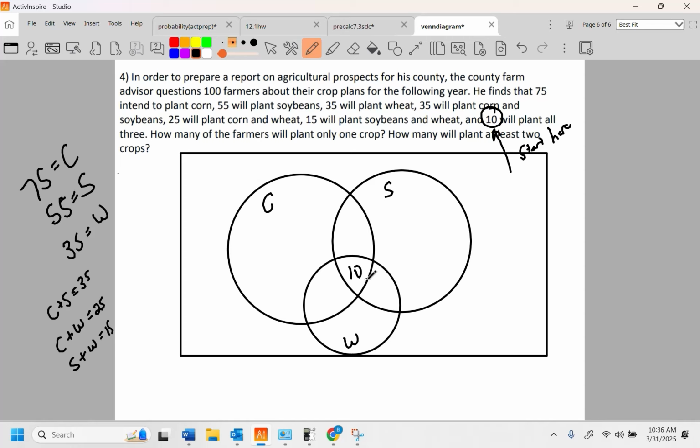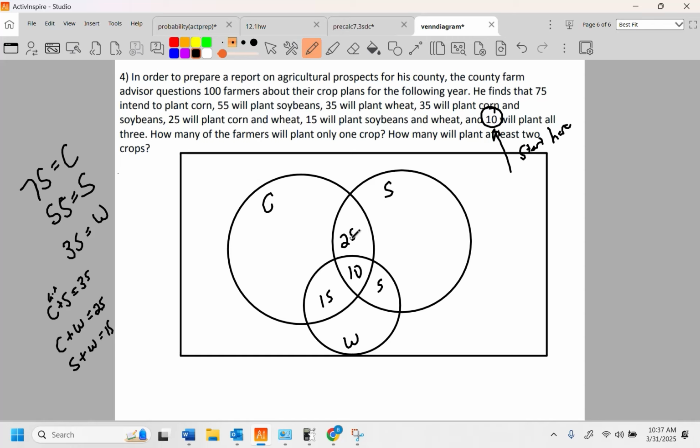This little region right here is 15, and 10 is known, so 5. Corn and wheat is 25, and 10 is known, so 15. Corn and soybeans is 35, and I should be saying and, not plus. But corn and soybeans is 35, and 10 is known, so 25.